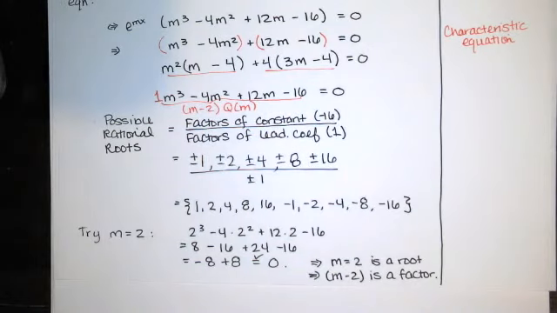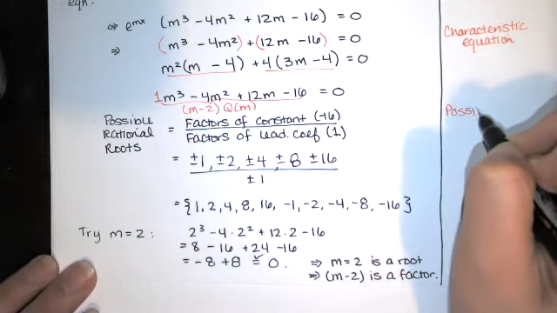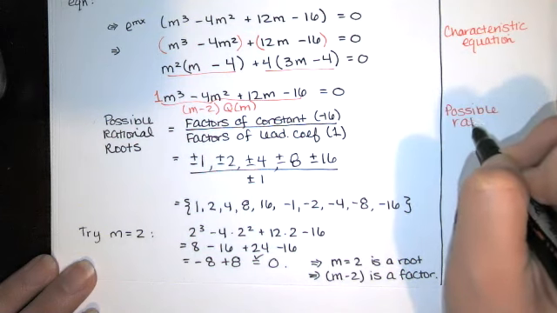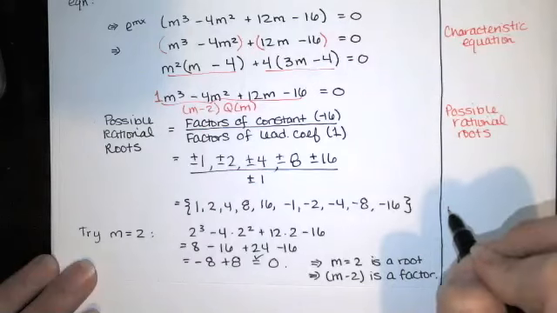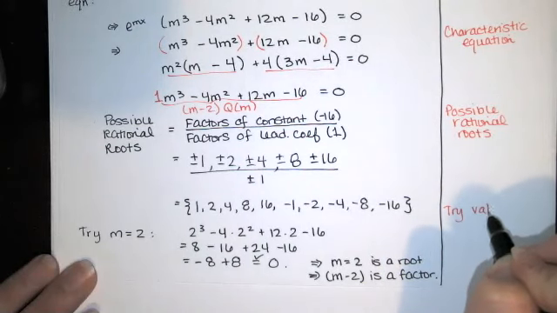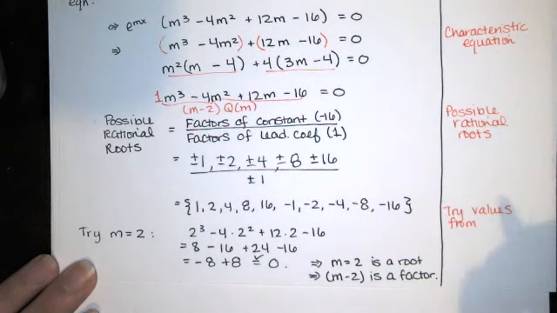We will use synthetic division. Before we do that, let me label what we've done so far. Possible rational roots. Yes, you're just going to try values from the list until you find one that gives you a root.